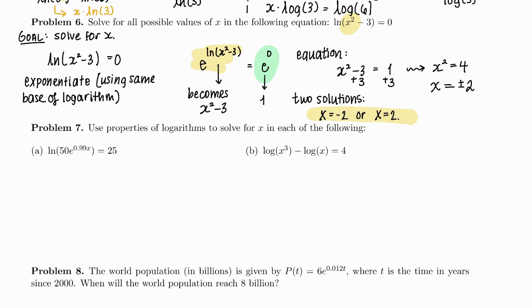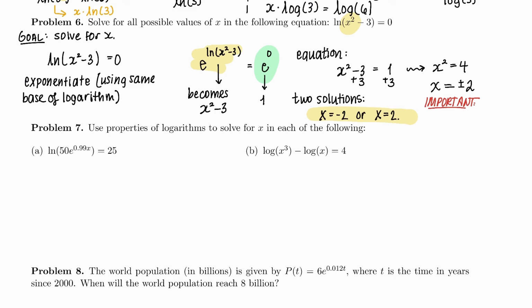So an important thing that's going on here: when you're solving equations with logarithms in them, you need to make sure that when you get solutions, you can actually plug those solutions into the logarithm.